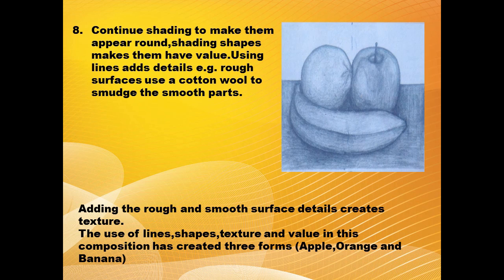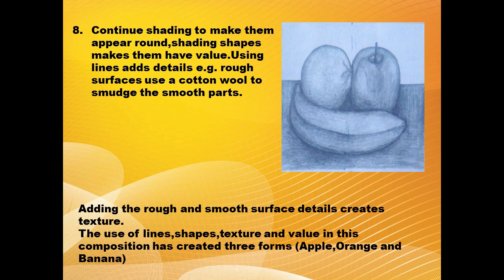So my runner, we continue. We are now in step number 8. Continue shading to make them appear round and real. Shading the shapes make them have volume. And using the lines, it helps to add details, e.g. the rough surfaces. You can now use a cotton wool to smudge the smooth parts.